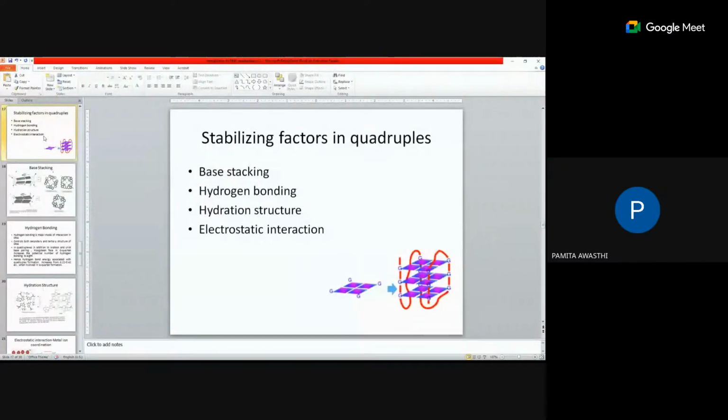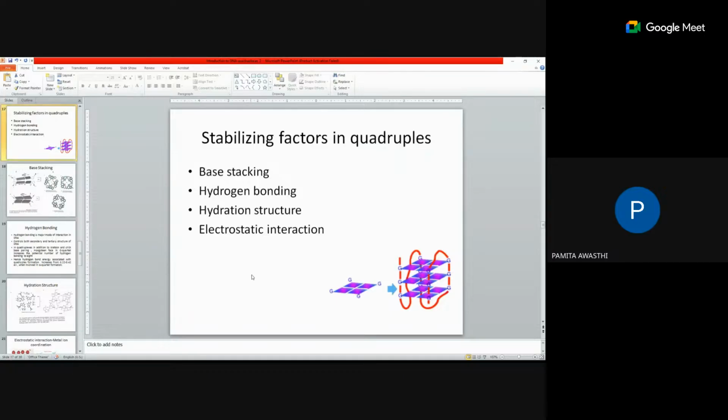So this is the basics of how the duplex differs from the quadruplexes and how the quadruplexes have been solved on different DNA types using various techniques.